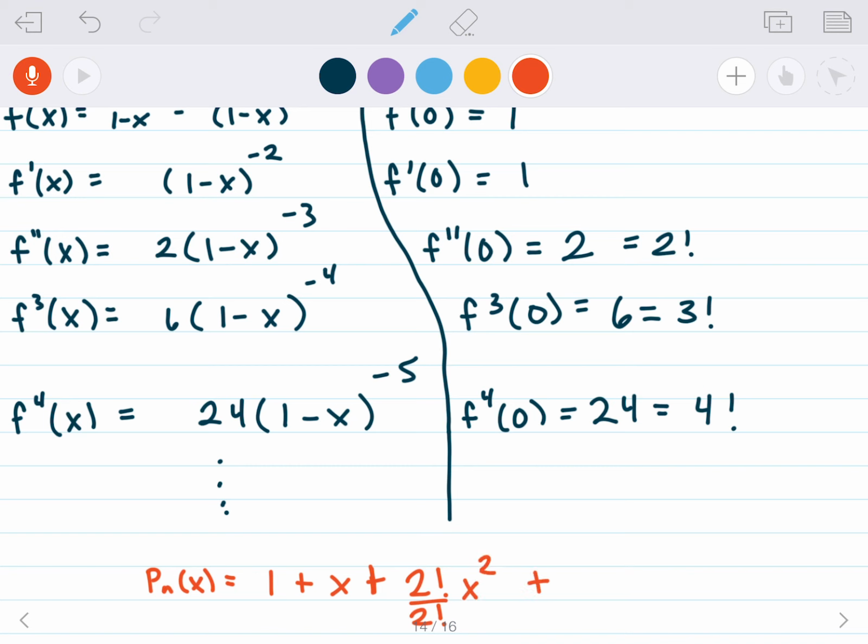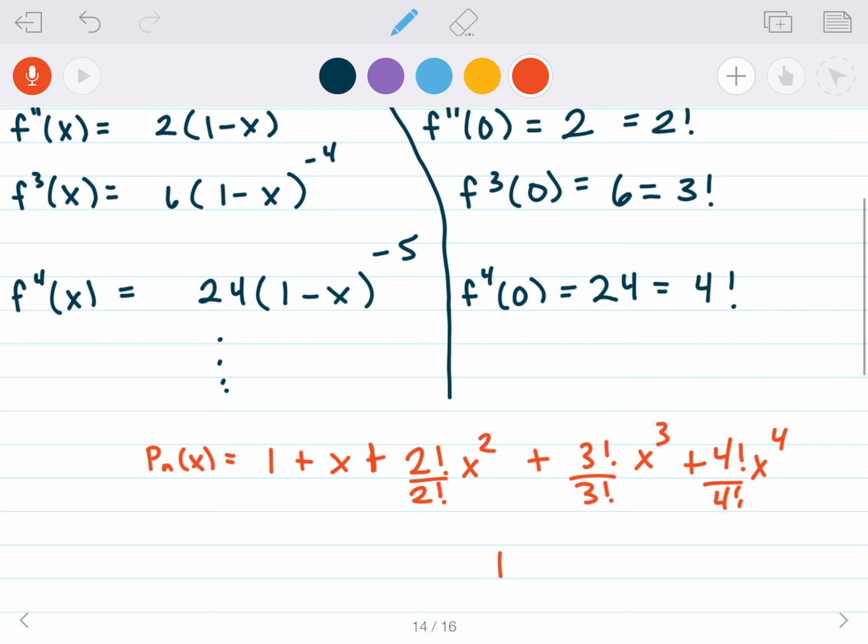Then we have plus 3 factorial over 3 factorial x cubed. And then we have plus 4 factorial over 4 factorial x to the 4. I think you guys are seeing where this is going. Plus dot dot dot plus n factorial over n factorial x to the n.